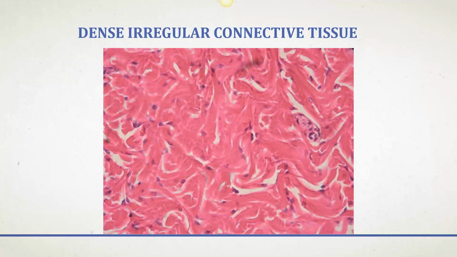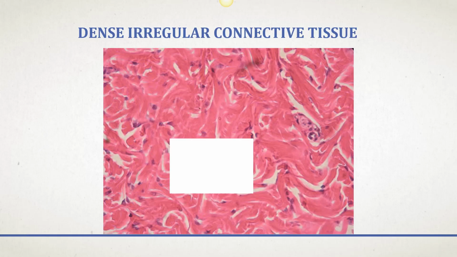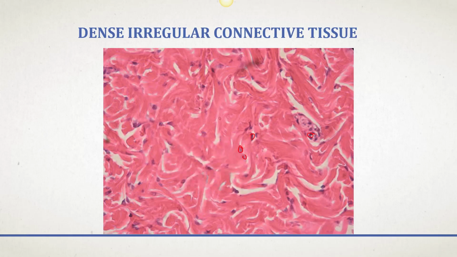Dense irregular connective tissue. Here we have fibroblasts, and these fibroblasts are spraying out collagen in an irregular way. It looks like swirls of collagen. So for these features, you can write down however you're going to remember what it looks like.